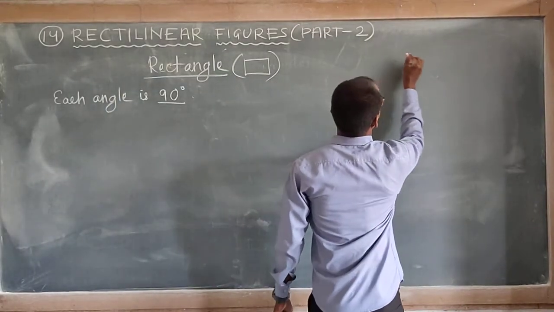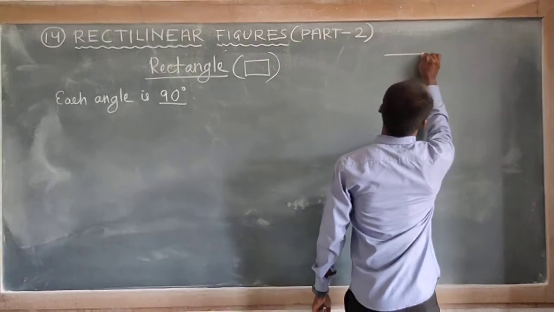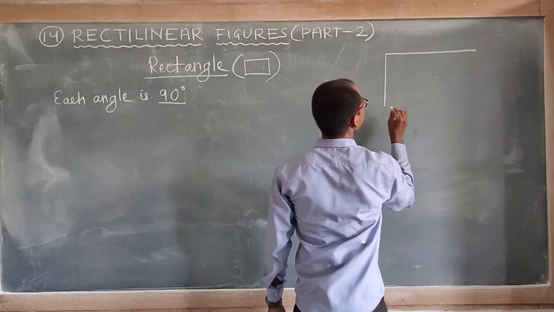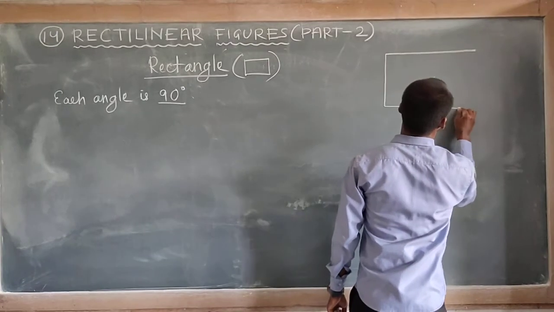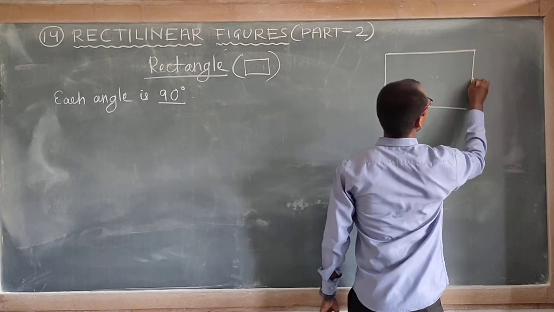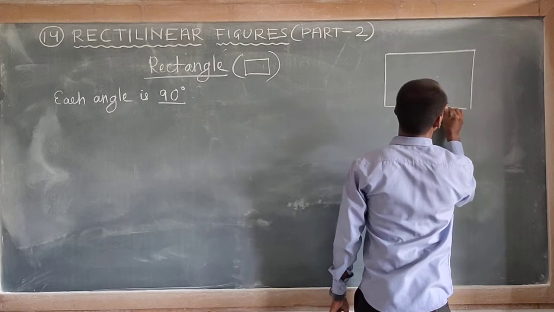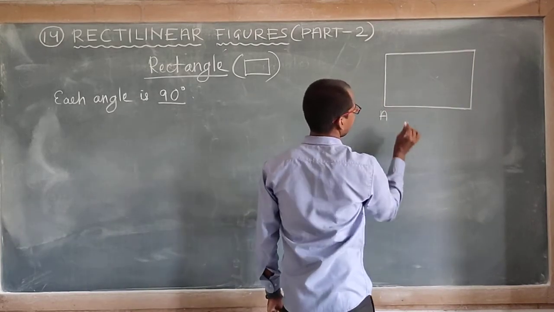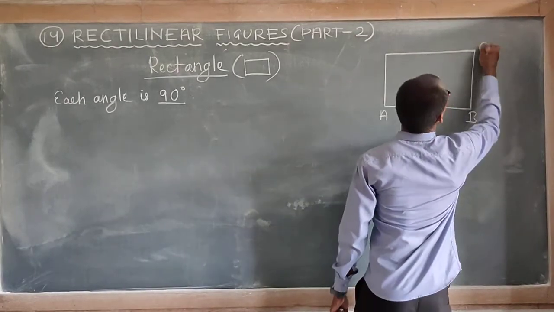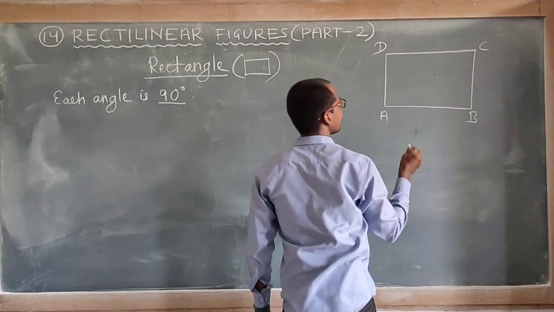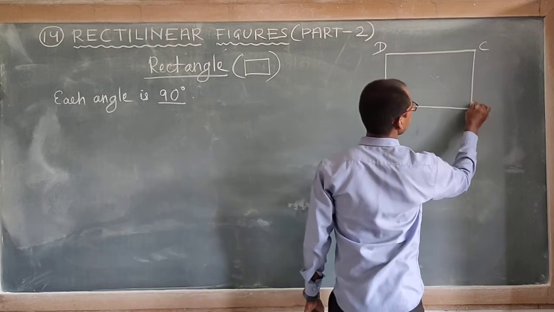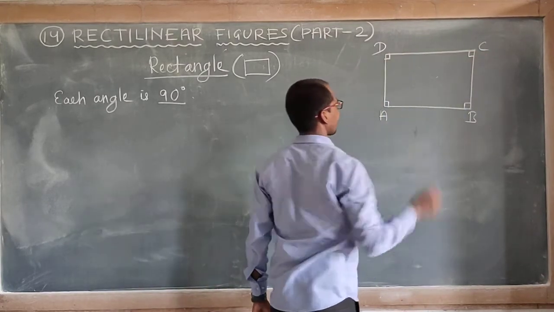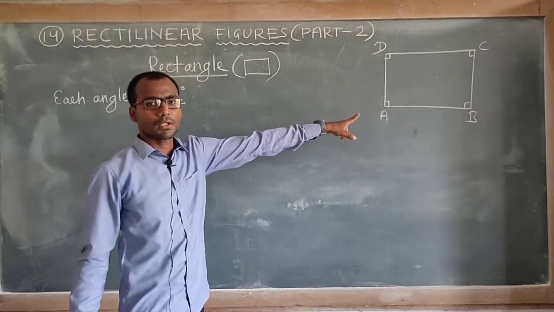So let us draw a rectangle. Each angle is 90 degrees, so it is a rectangle.